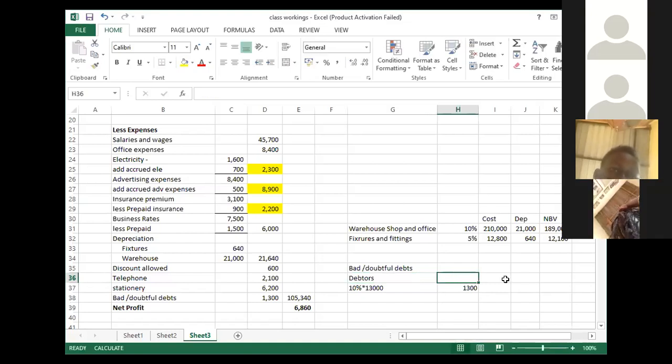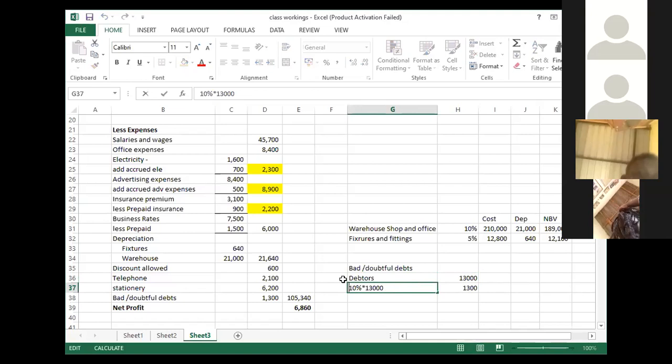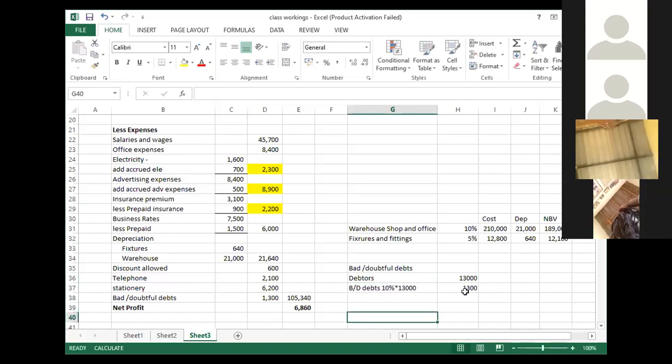And the amount was 13,000. And then we create bad and doubtful debts, which we've calculated that way.